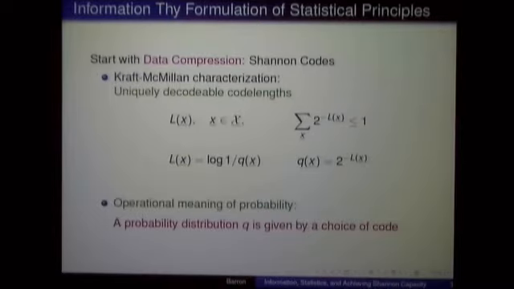So the uniquely decodable code lengths, as any information theorist here knows, are given by non-negative integers, and the sum of 2 to the minus those integers is not more than 1. For any such assignment, there is a uniquely decodable code, indeed an instantaneous or prefix-decodable code with those lengths. So if we set q equals 2 to the minus L, we could think of L as log 1 over q.